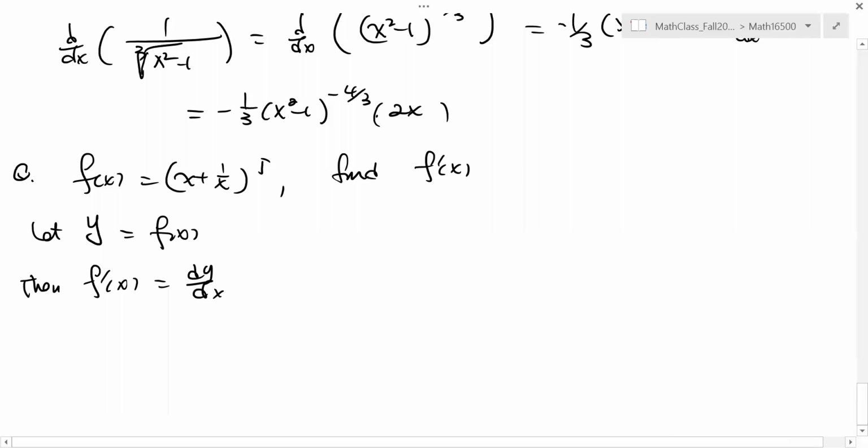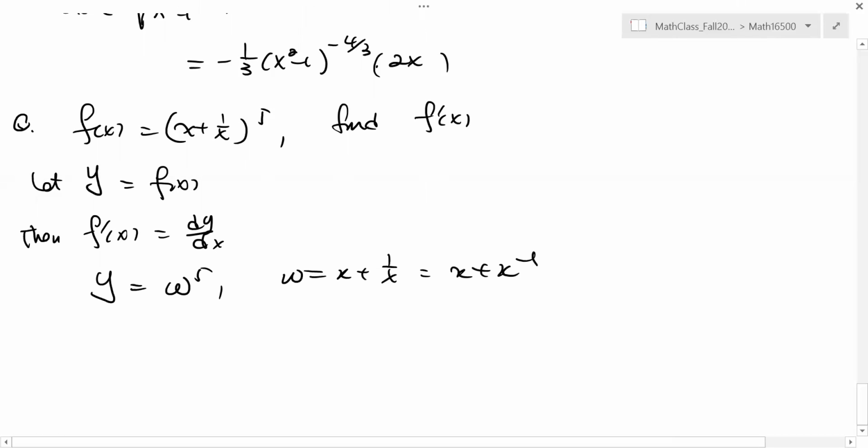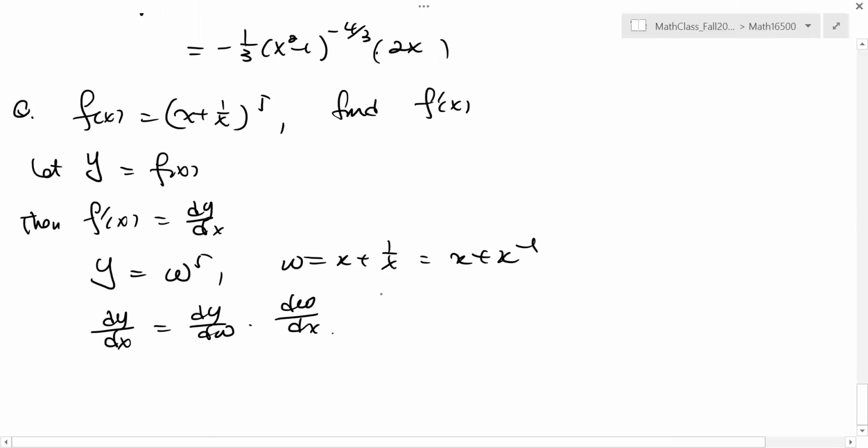So then you have to use the chain rule, right? y equals w to the fifth, and w is going to be x plus 1 over x, which is x plus x to the negative 1. So now dy/dx is dy/dw times dw/dx.